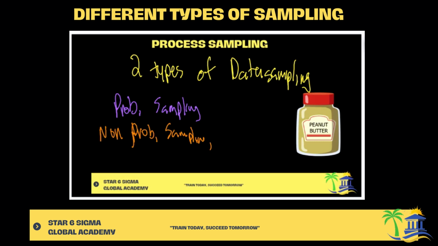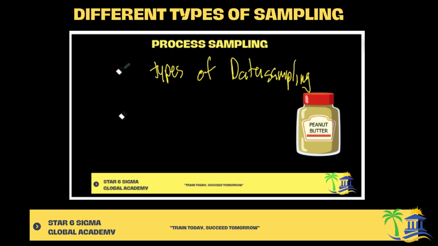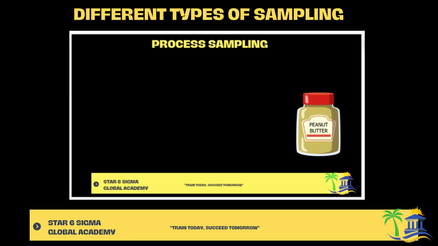To differentiate the two, let's start with probability sampling.